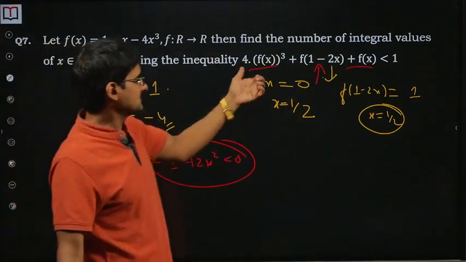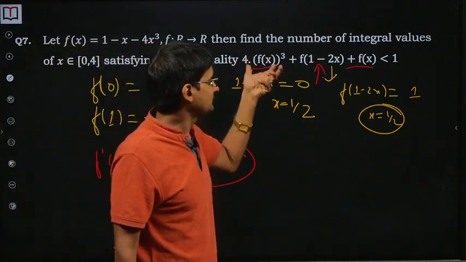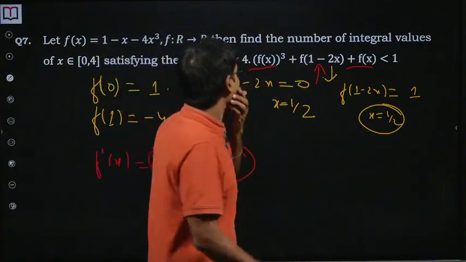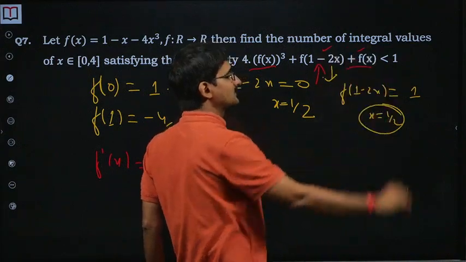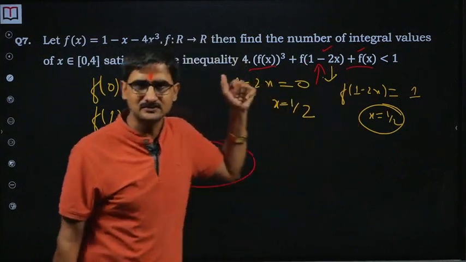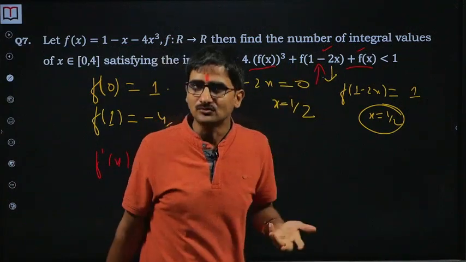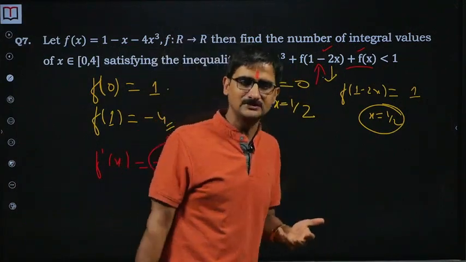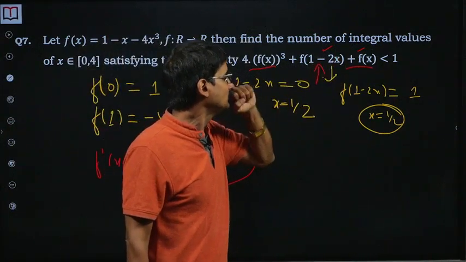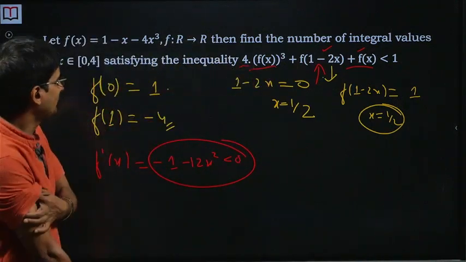But of course, this is f(x) whole cube, far stronger, it will decrease at a much faster rate in comparison. The rate of increase of this and this is comparable because both have linear input. The only difference is when you differentiate, the derivative will also get multiplied by minus 2, which only tells us it's an increasing function. So it will just multiply by 2, but here it's already multiplied by 4.